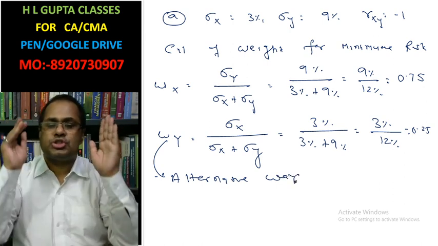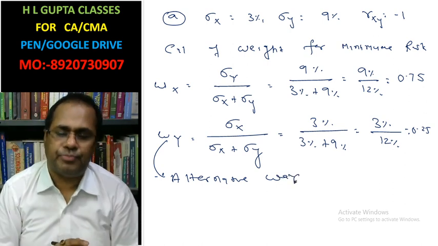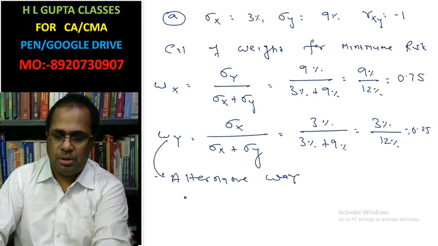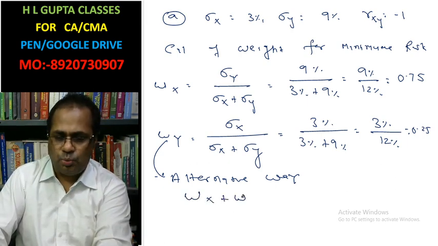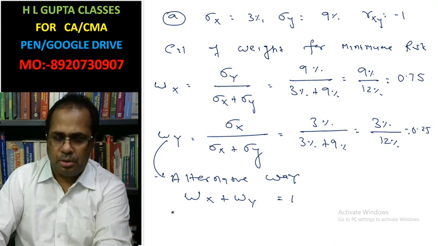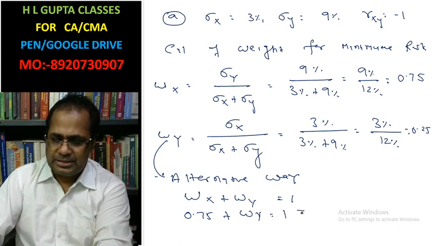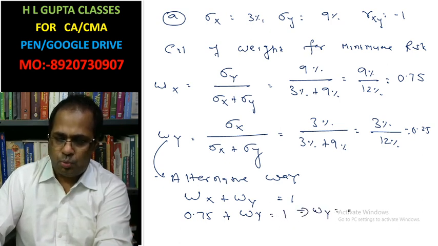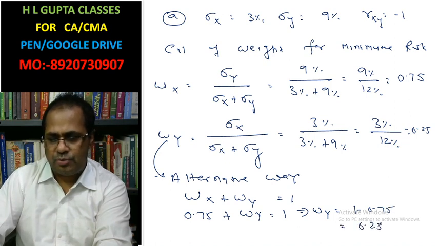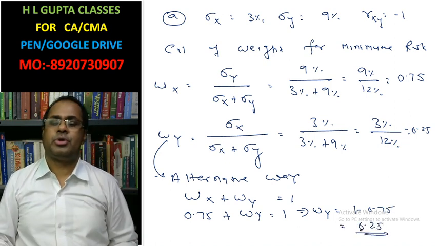Alternative way: the sum of weights is always 1. So weight X plus weight Y equals 1. Weight X equals 0.75, weight Y you have to calculate. In this case, weight Y is 1 minus 0.75, which is 0.25. This you can also calculate.